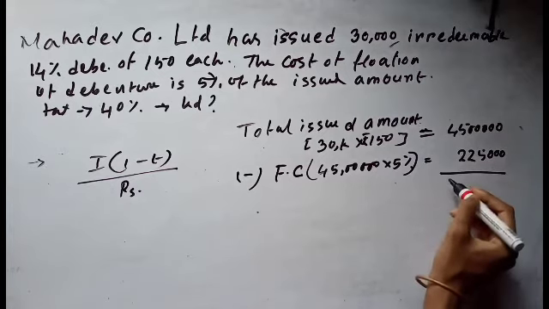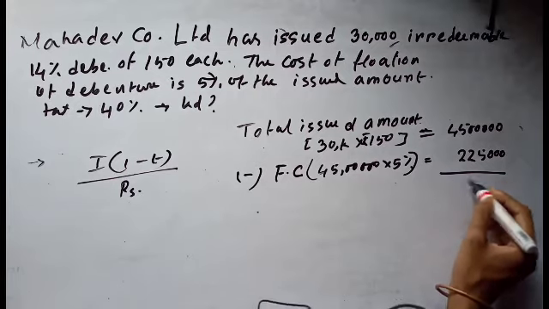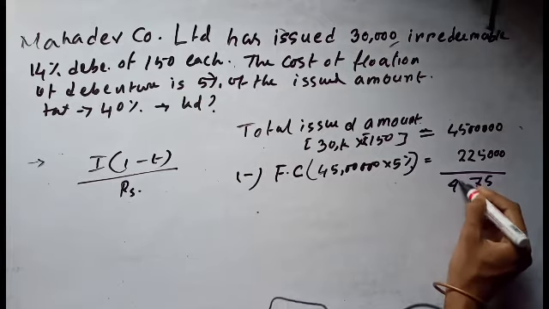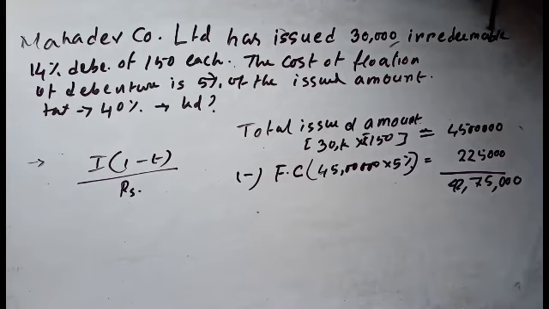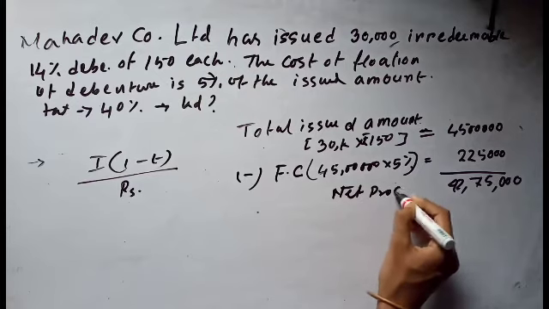If you deduct, what will you get? 42,75,000. So this is the net proceeds.